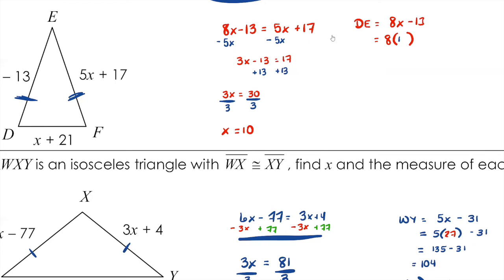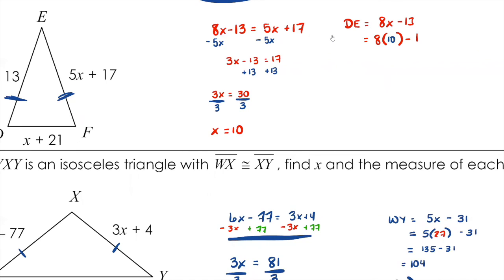X equals 10, so we're going to substitute 10 in for x. 8 times 10 is 80. 80 minus 13 is 67. I don't need to find EF because I know that's what it's going to be. And then DF is x plus 21. So 10 plus 21.